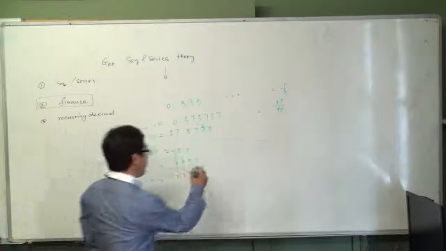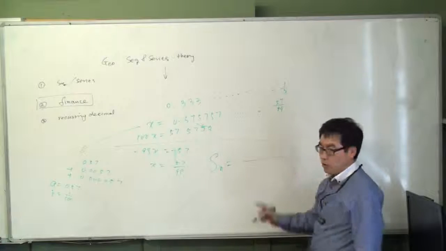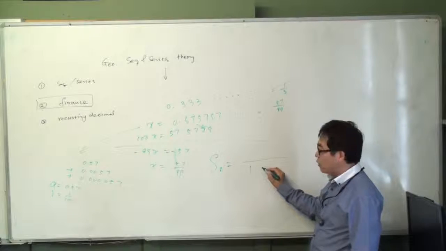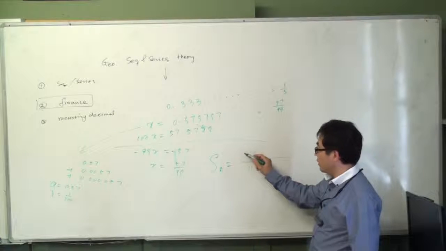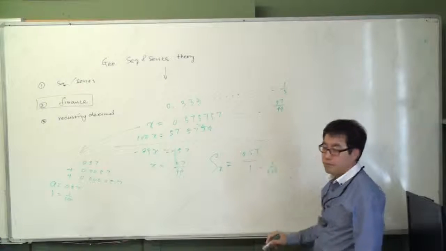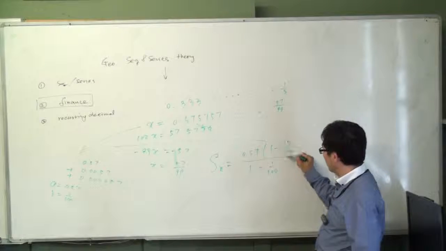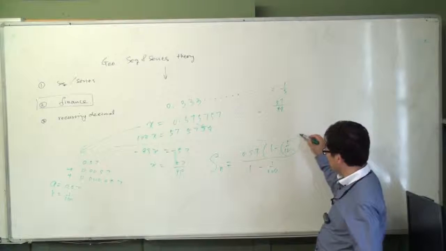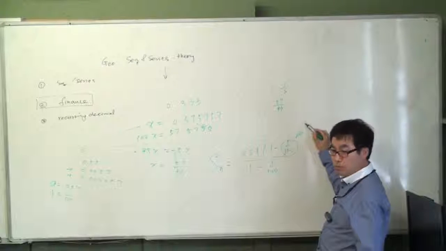The formula will be Sn equals a over 1 minus r. So what was our formula? 1 minus r, which is 1 minus, what's r? 1/100. And a is 0.57. 1 minus 1/100. What's the power? Esther, look at this, n. The power is infinite, so what's this? 0.